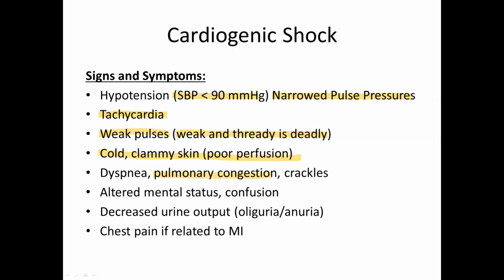Again, listen for pulmonary congestion, crackles. Changes in LOC, new onset confusion. Again, if you hear or see the word new on a test, you know that they're trying to tell you something. Issues with urine output, so either very little or no urine. And then because it's a pump issue and the first place that blood leaves the left ventricle is the coronary arteries, you can have chest pain.